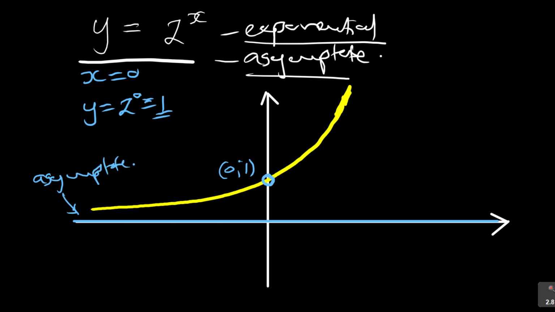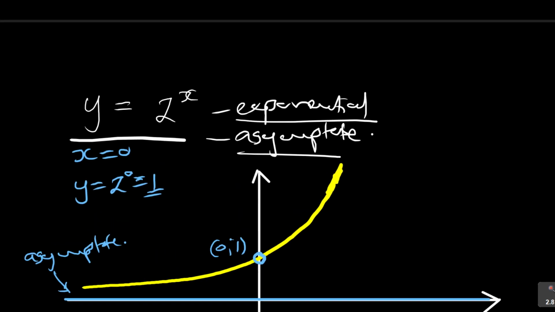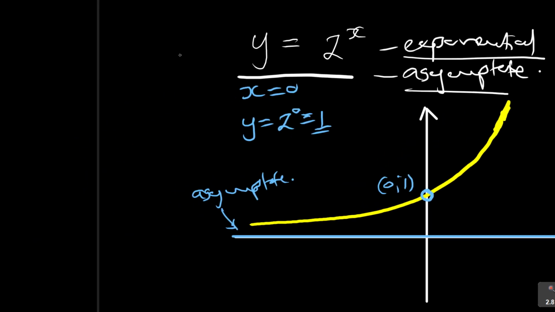But I can change it and say, what if I were to draw another graph? Let's change this, make it like this: y is equal to 2 to the exponent x, and then you say plus 1.